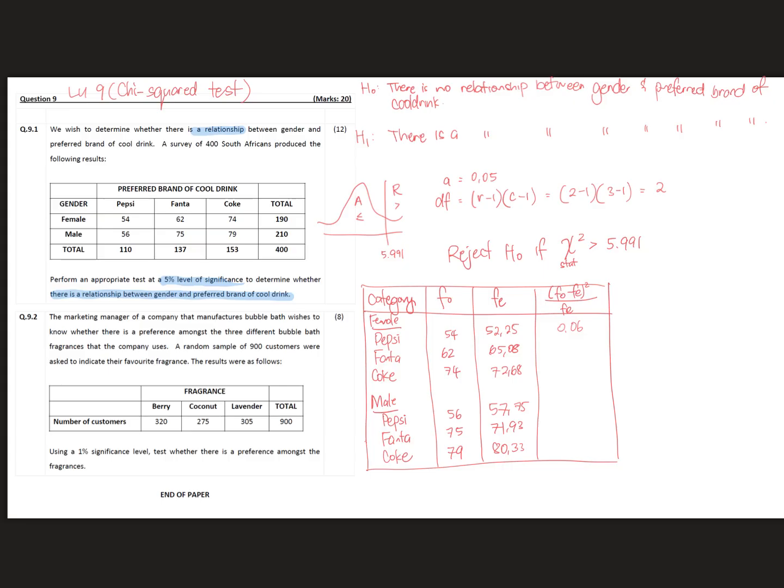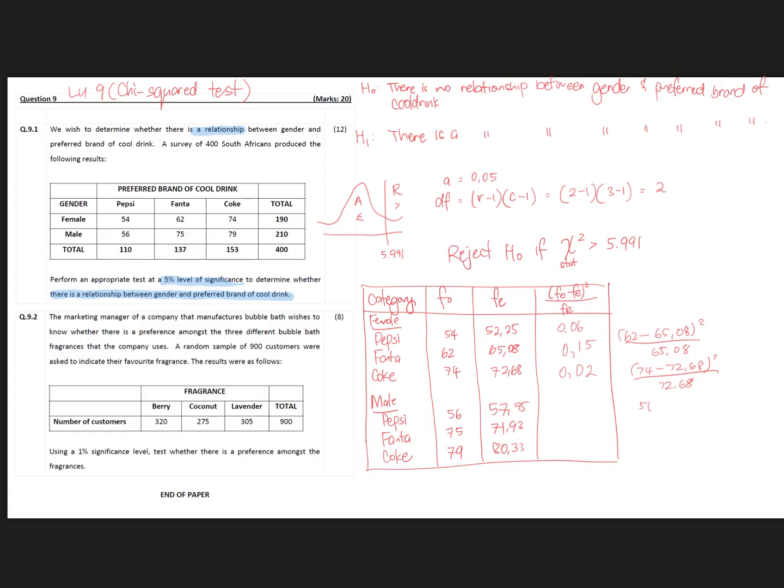Then the next one is, for example, 62 minus 65.08 squared over 65.08. And then this would give you 0.15. Then the next one is 74 minus 72.68 squared over 72.68. And that's 0.02. And then you'll continue like that.